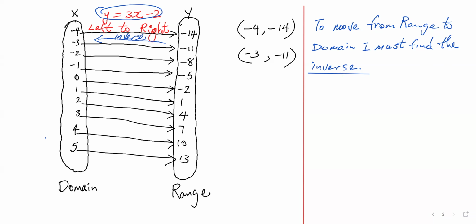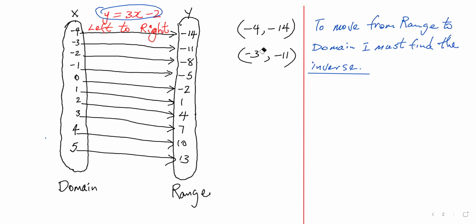So, to find the inverse, you move from y to x. All right, good. So now I want to use certain words. We use the term moving from 3 to 11, negative 11.